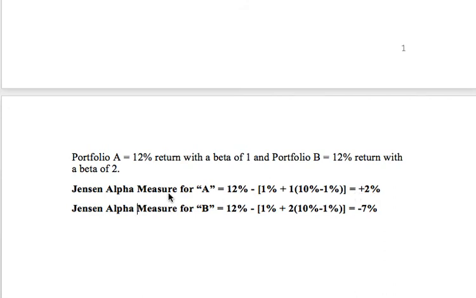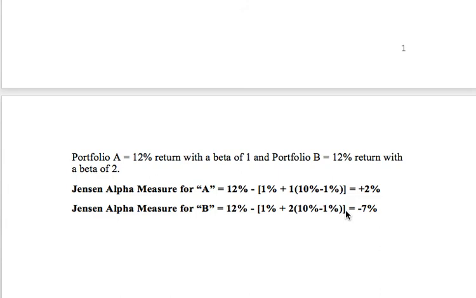So when we look at the Jensen Alpha measure for A, we come up with a positive 2%. So therefore, this portfolio A, given its risk, has definitely done a better job performance-wise than the market, as indicated here by the S&P.